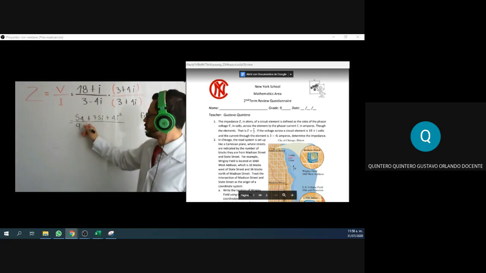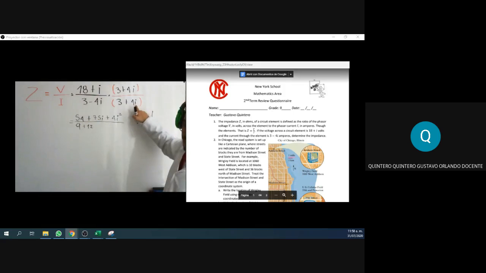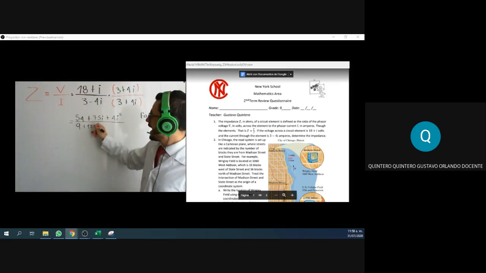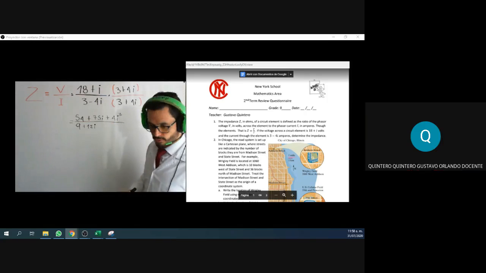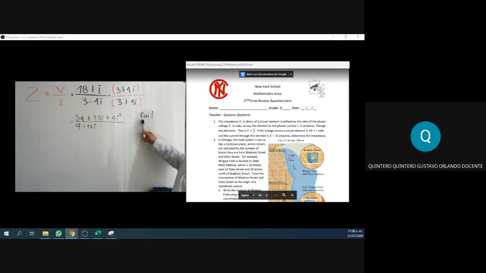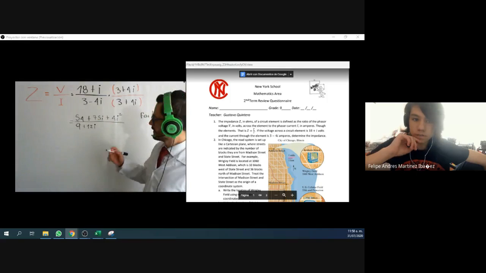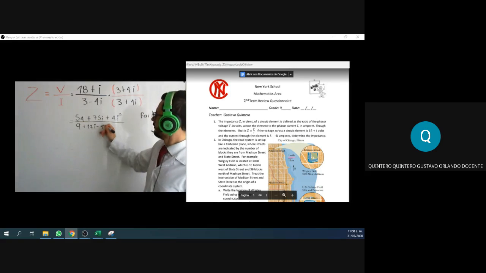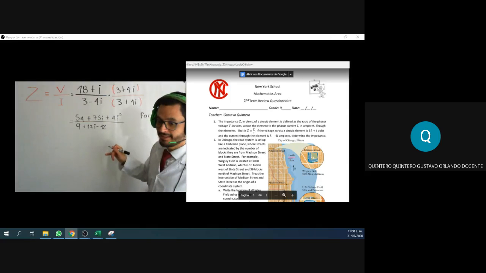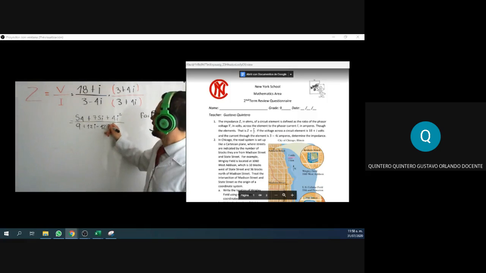Right, and because this part has an i, I also have to write down the i in here. Beautiful. We did F and O already. Let's jump into the inners. How much is negative 4i times 3? Negative 12i. That's it? Thank you, Pipe.